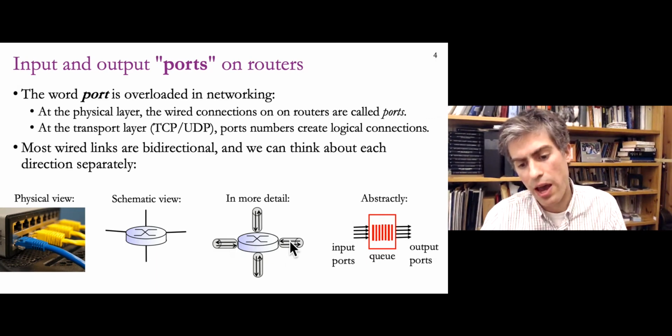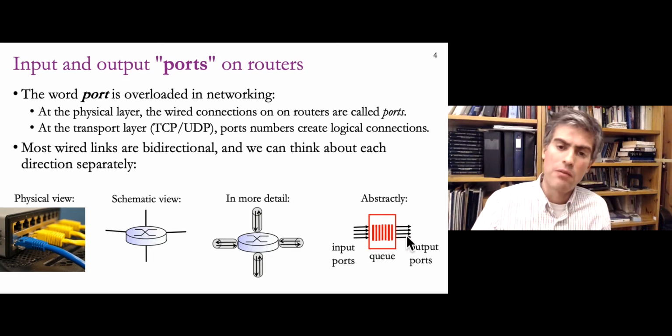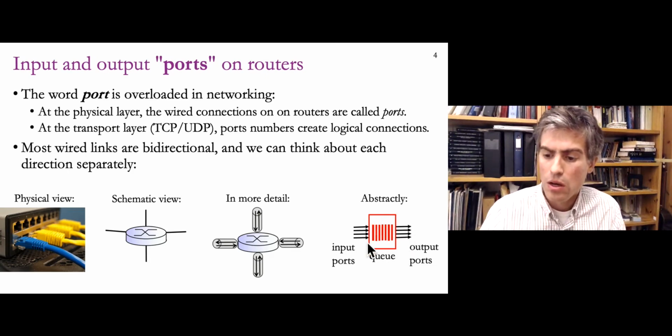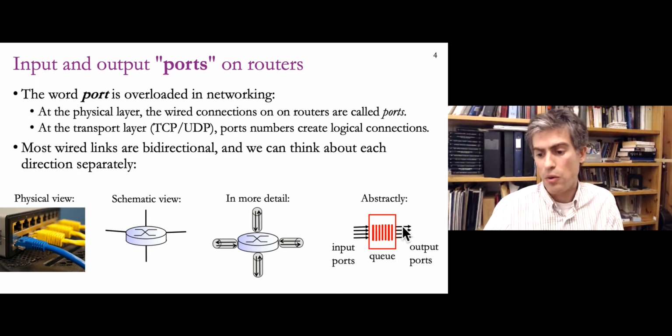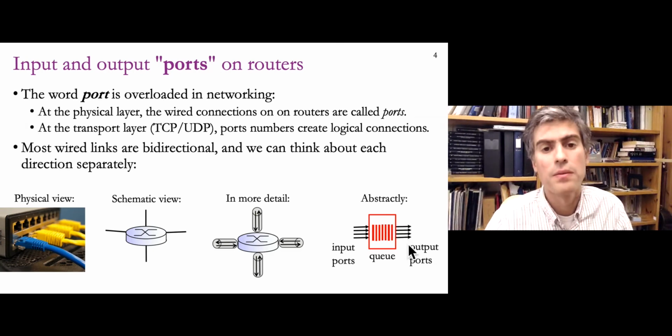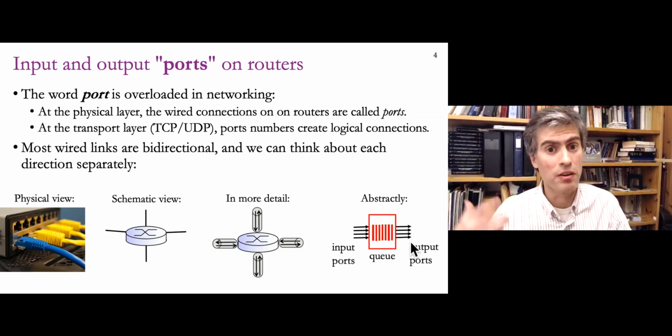And data can also flow out on all these same cables using the other channel, the other direction of this medium, and those are the output ports we see on the right-hand side. And we've spoken abstractly about routers having a queue of packets that were received and are waiting to go out. Now, of course, we also need to decide which of the output ports to send the traffic on, right? And that's the routing decision we're making.